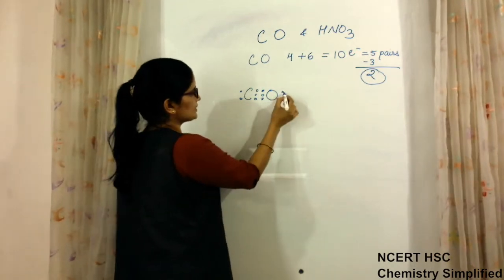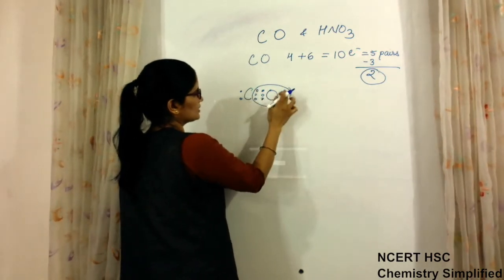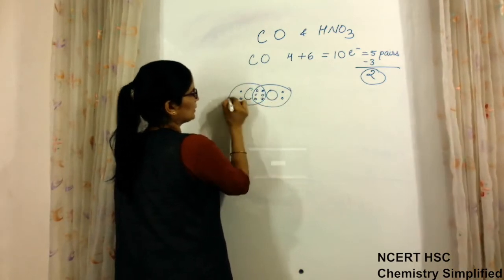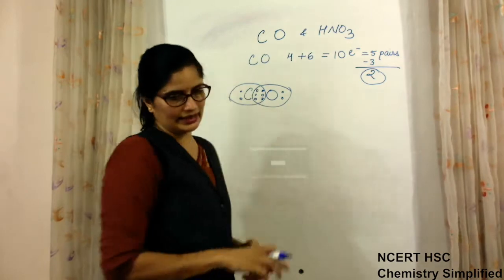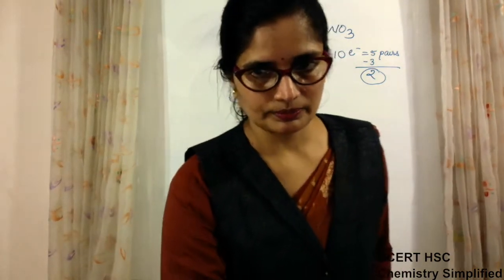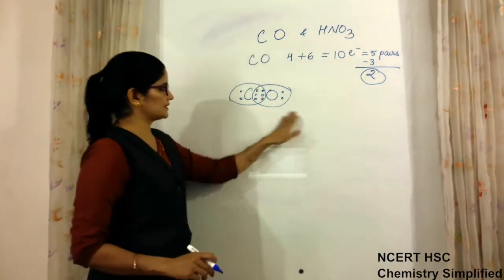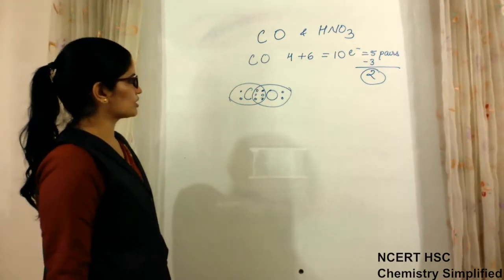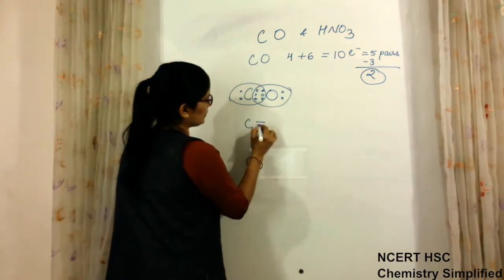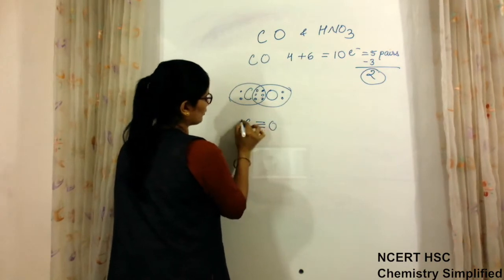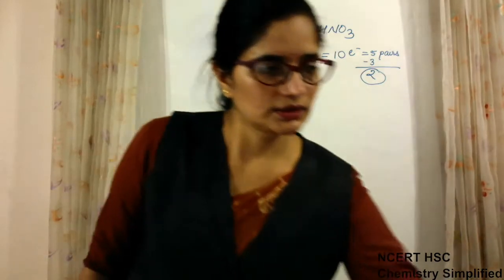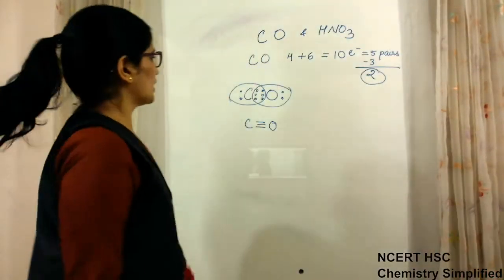Now you can see oxygen has 8, carbon has 8, octet of both is completed. So this is the structure for carbon monoxide: C triple bond O and one lone pair with each of them.